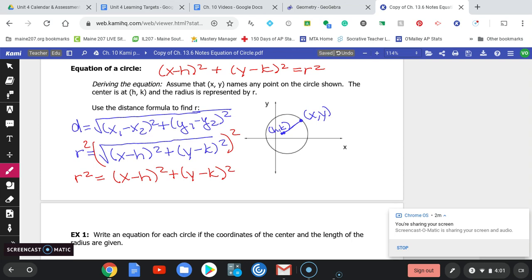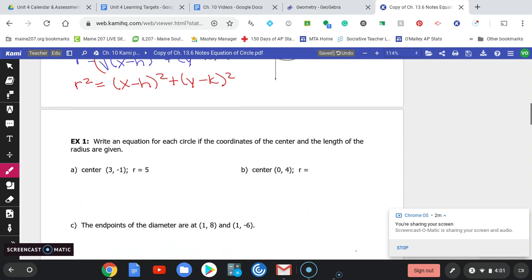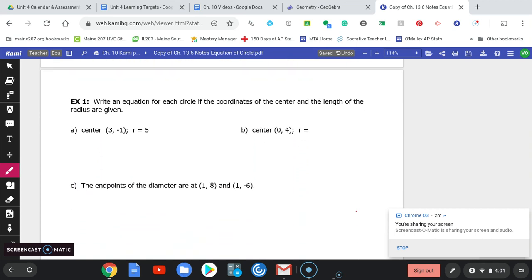Okay. So now we're going to do some examples. First, we're going to write the equation of a circle if we are given the center and the radius. So again, as a reminder, the formula for the equation of a circle is x minus h squared plus y minus k squared equals the radius squared.